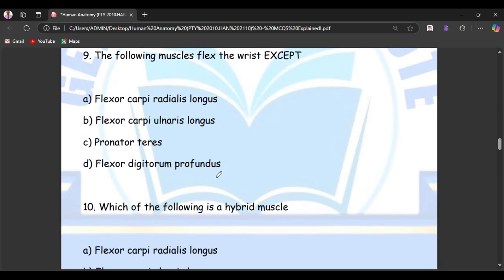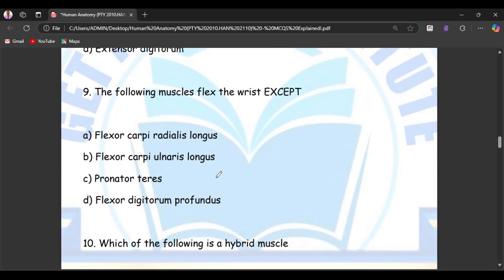Then we go to question number 9. Question number 9 says the following muscles flex the wrist except.